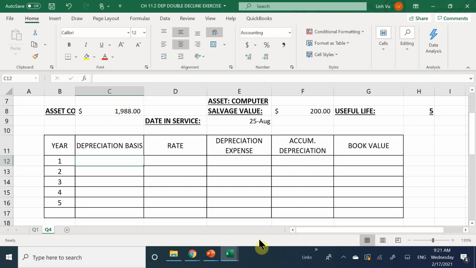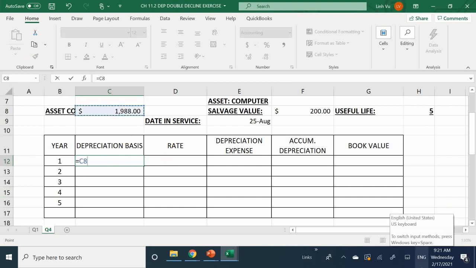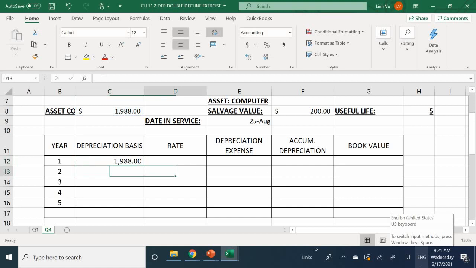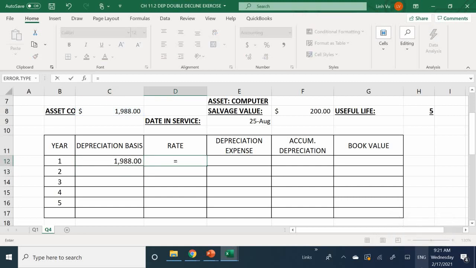So what is my depreciation basis going to be? 1988. It's the beginning of the year book value, which in this case, since we're starting depreciation, is going to be 1988. What is going to be my rate this time?